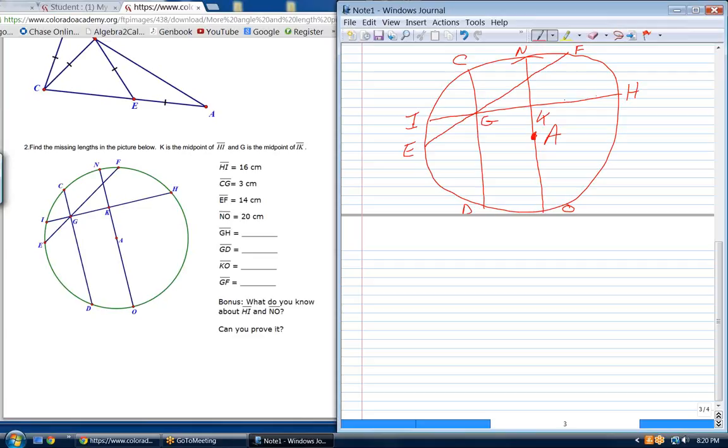Wait, so HI is 16, and it's being bisected by this diameter line, NO. So we know that KH is half of 16. Okay. And KI is also 8, but they've told us that G splits KI, so this must be 4 and 4.